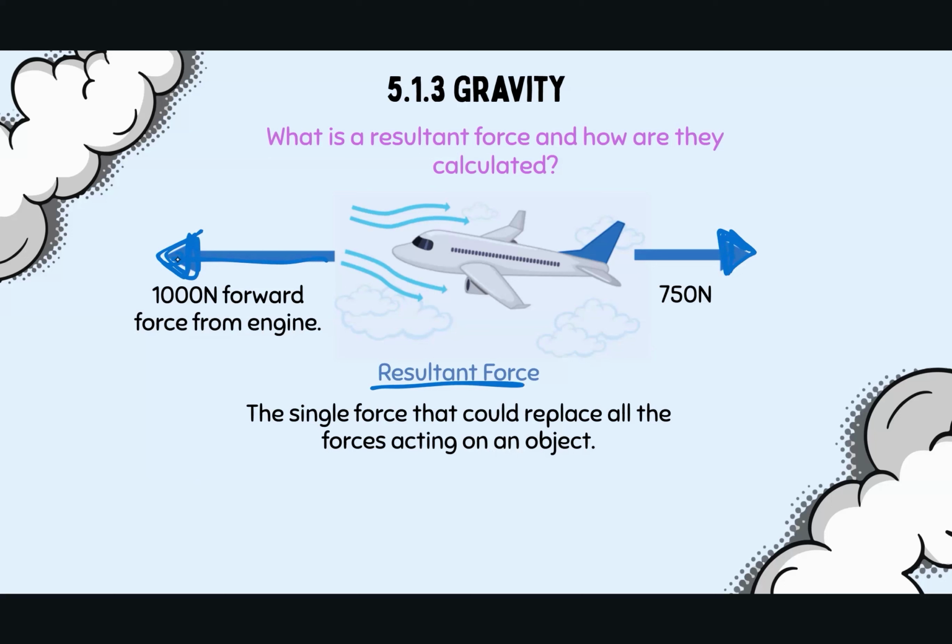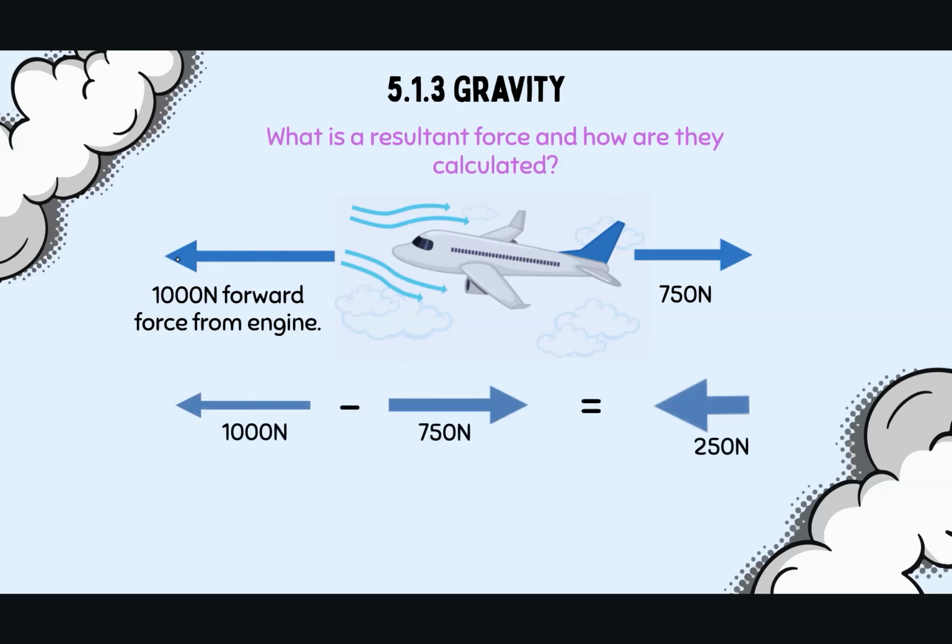Overall, if we do 1,000 newtons, take away 750 newtons, we get 250 newtons in the forward direction, because that was the force that was bigger. That is now our resultant force.